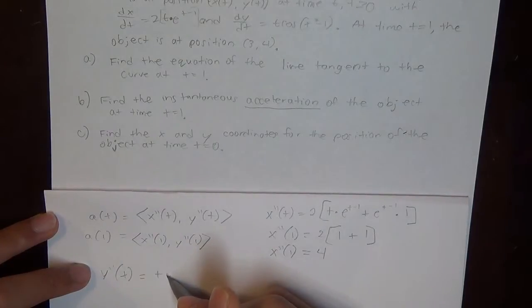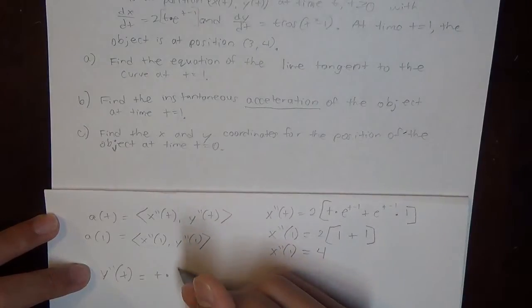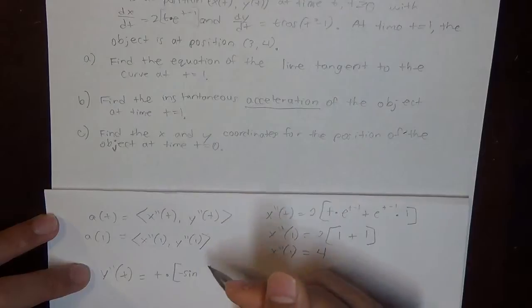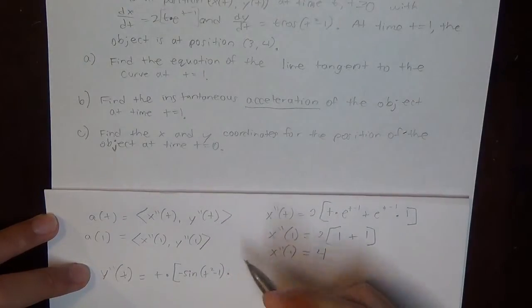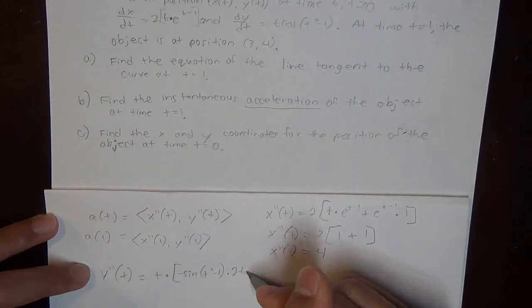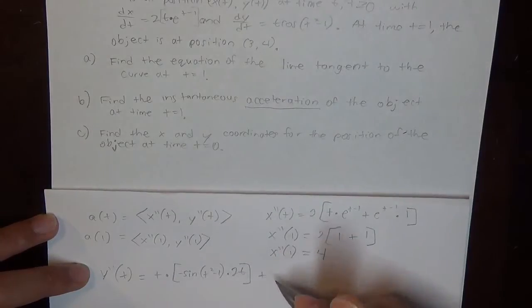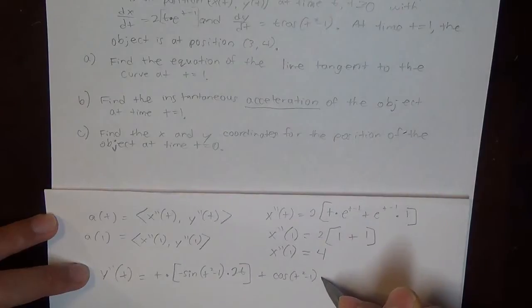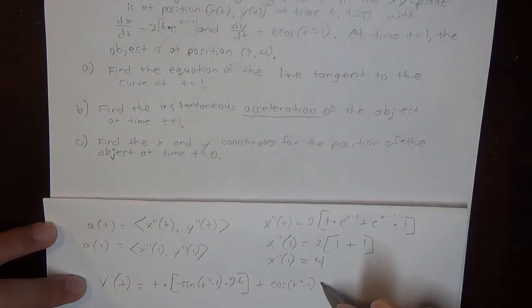So the first times the derivative of the second. Well, this is going to be a chain rule, so once you do that, you have to take the derivative of the inside, that's t squared. So first times the derivative of the second plus the second times the derivative of the first, which is just 1.